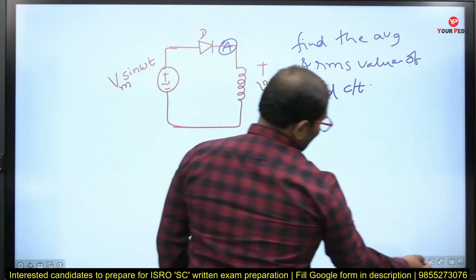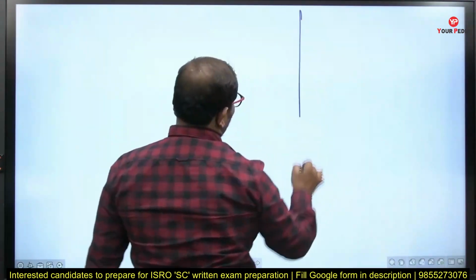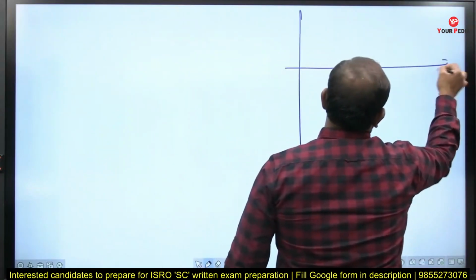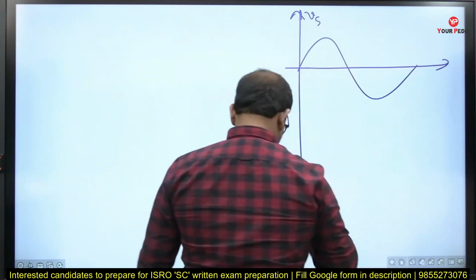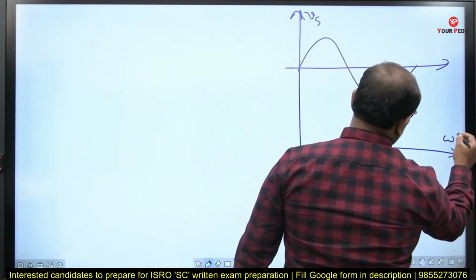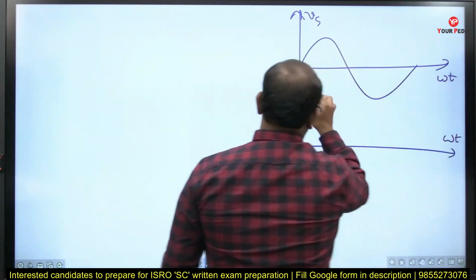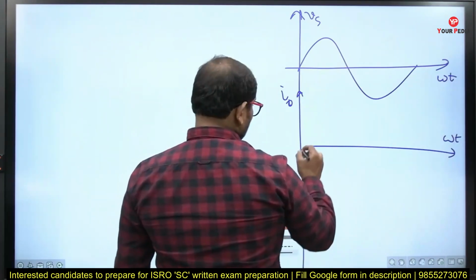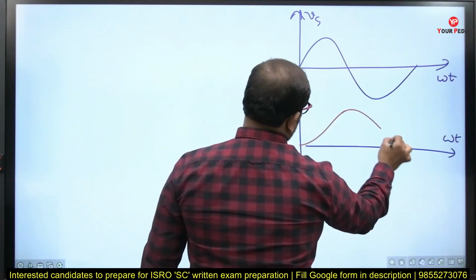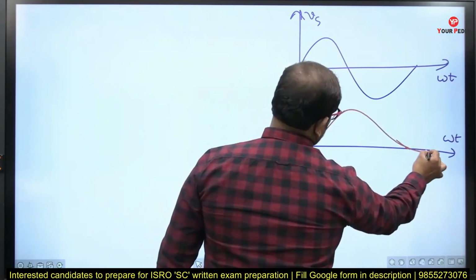So how will we get the inductor current waveform average and RMS values? This is your source voltage and this is your load current versus omega t. This is your load current, the output current. The current will look like this.